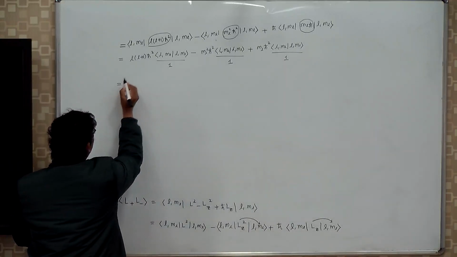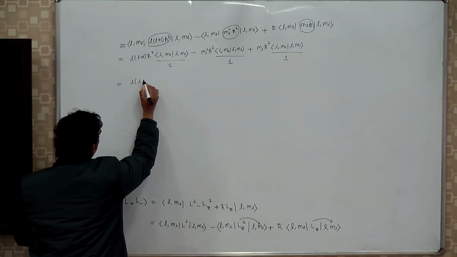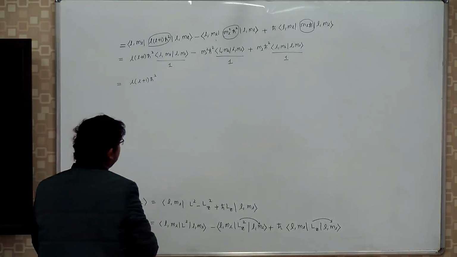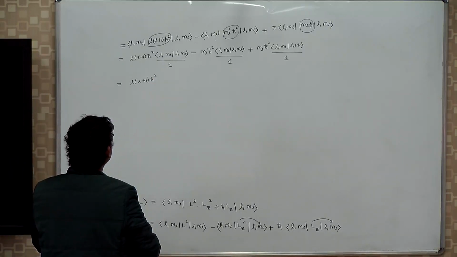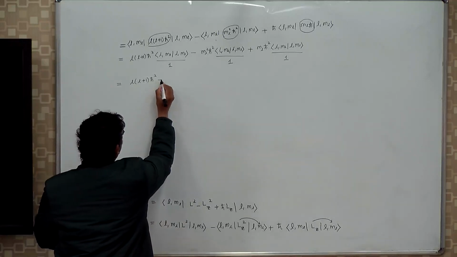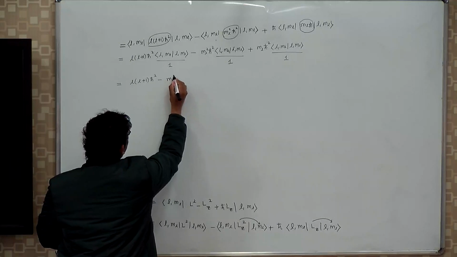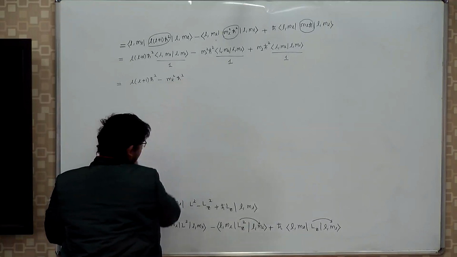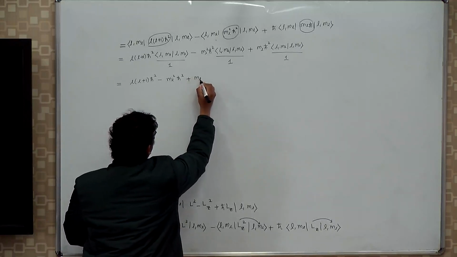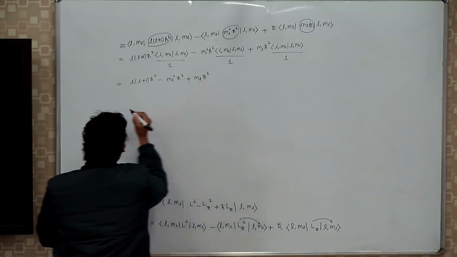Then if you simplify, we will get L into L plus 1 h cross squared minus m L squared h cross squared plus m L h cross squared.